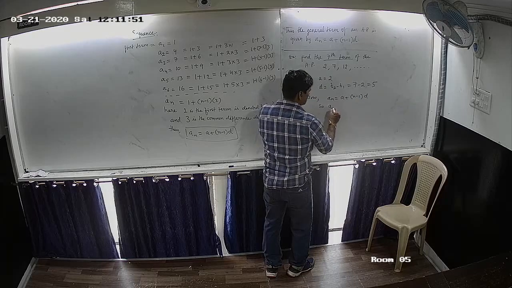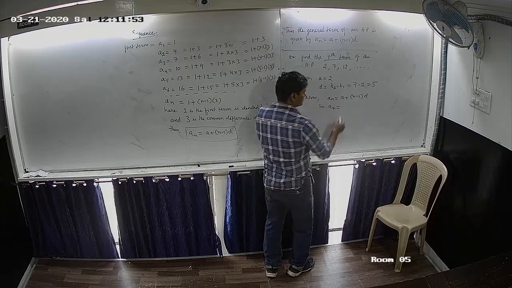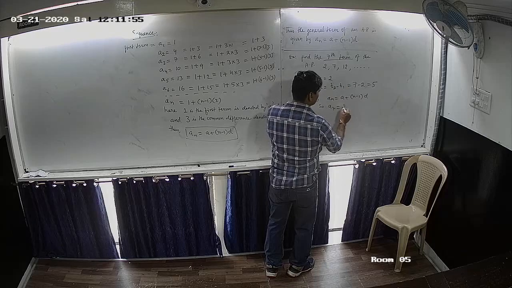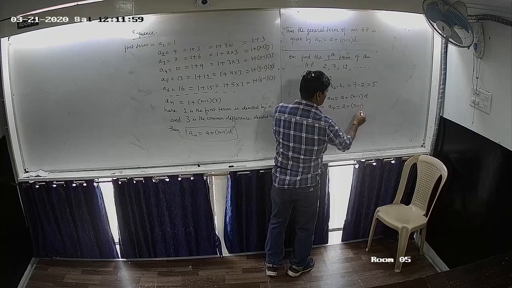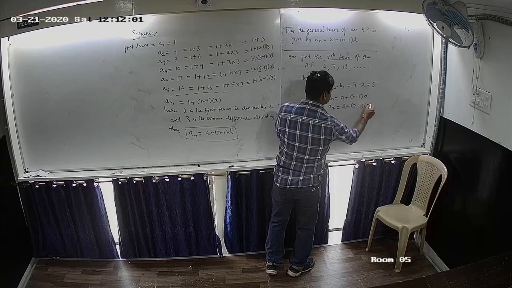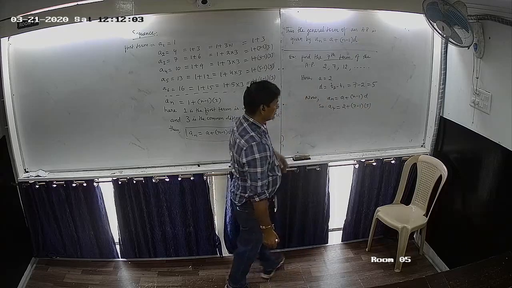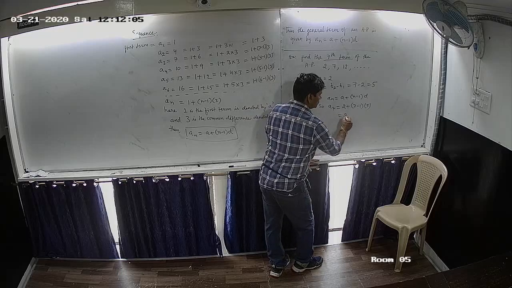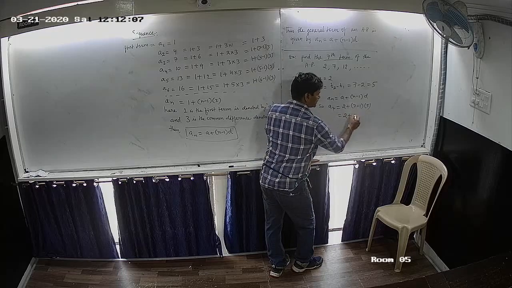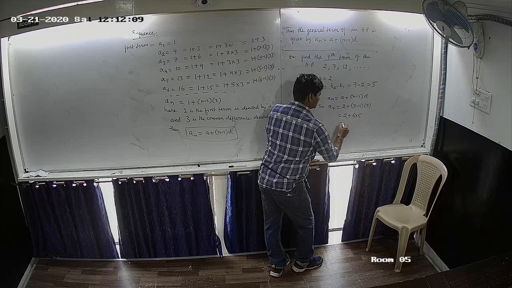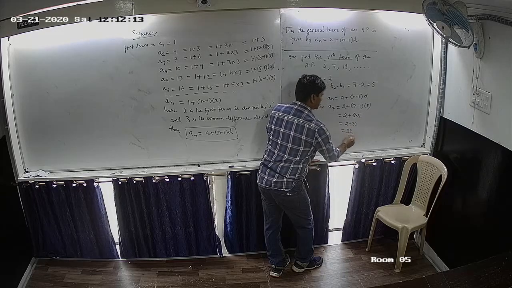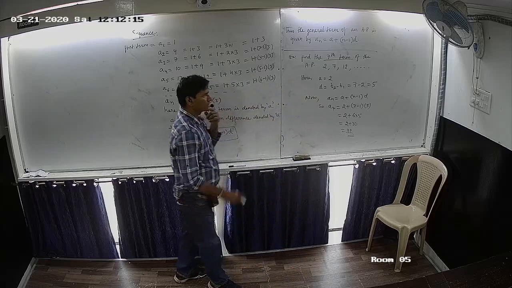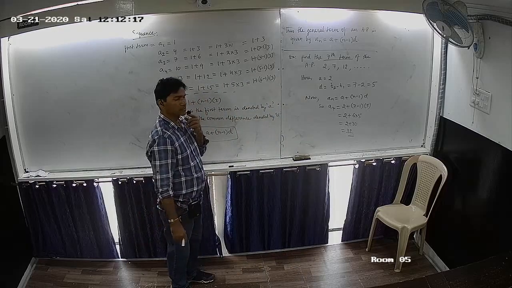So a7 is equal to a is 2 plus n is 7 minus 1 into d is 5. So we get 2 plus 7 minus 1 is 6 into 5. So 2 plus 30, and that is equal to 32. So therefore, the seventh term of this AP is 32.